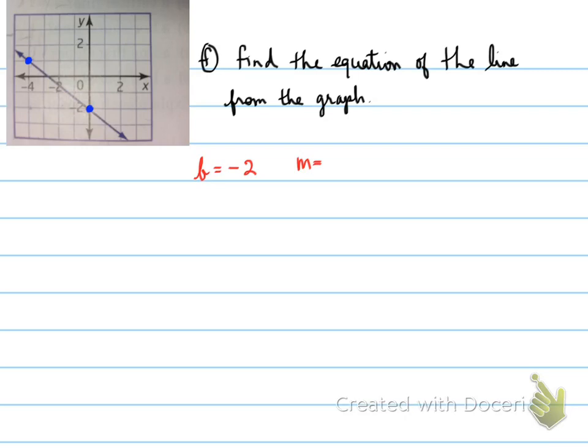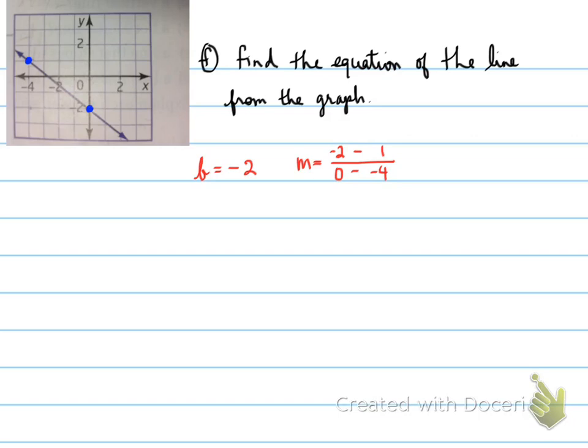Let's use the y-intercept 0, -2 and this coordinate, which is -4, 1. We write those going upwards, and then we run 1, 2, 3.